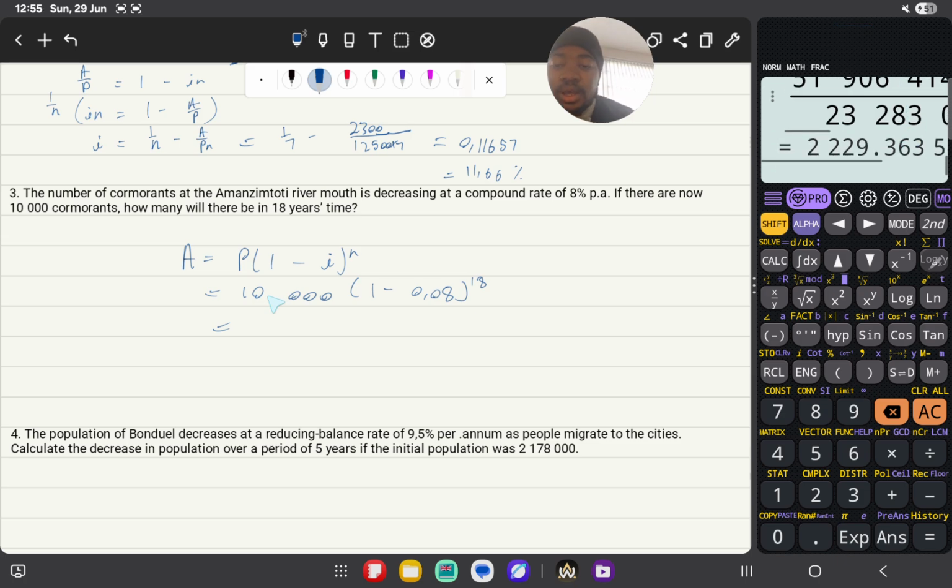After 18 years there will be 2,229.36 cormorants.